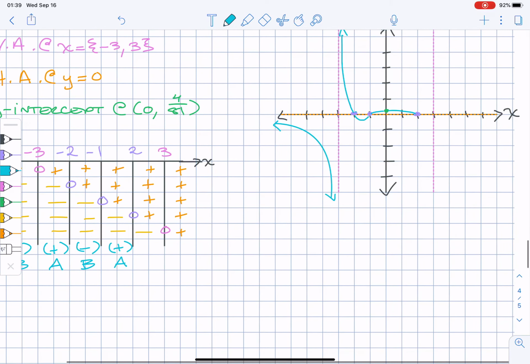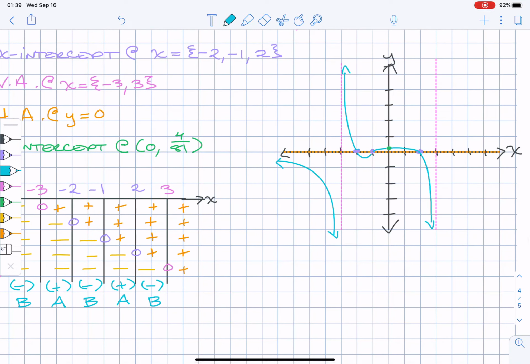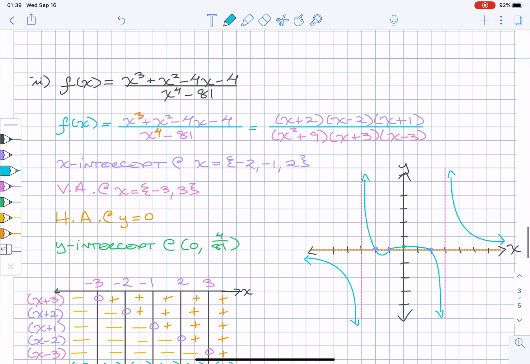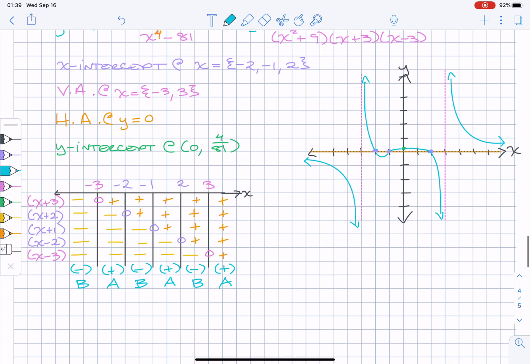Then between 2 and 3, 1 negative is a negative, so my graph lies beneath the x-axis. So I know it's going to approach this asymptote like so. And then beyond 3, all positives is positive, so my graph will lie above the x-axis, something like so. Okay, there we are. That's a crazy graph, but there it is.